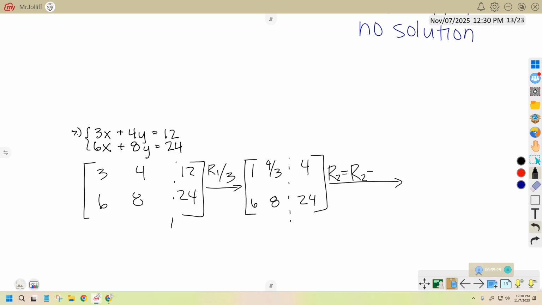And I want to make it negative because I need negative and positive to cancel. Good. So row 2 minus 6 row 1. I'm going to write 6 row 1 on top, and then we will just subtract. So 1 times 6 is 6. 4/3 times 6. 6 divided by 3 is 2, so that should just be 8. 6 times 4 is 24, right?